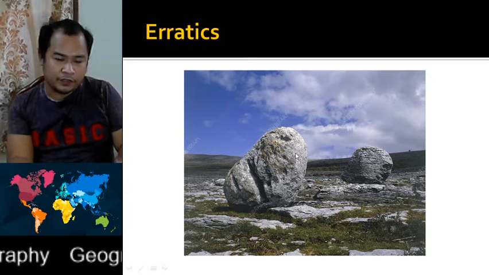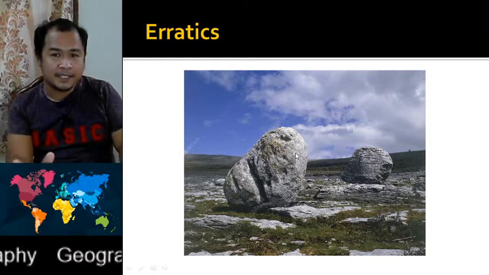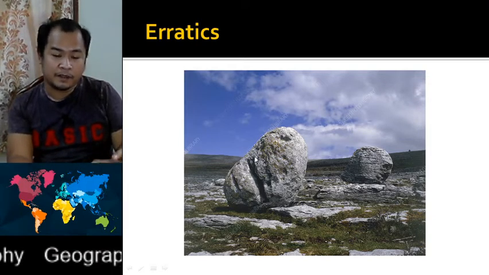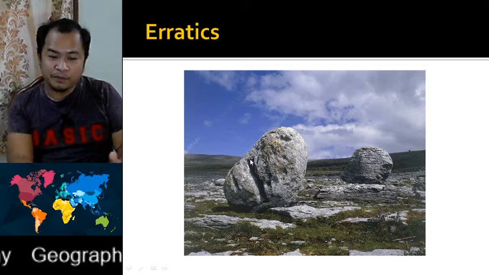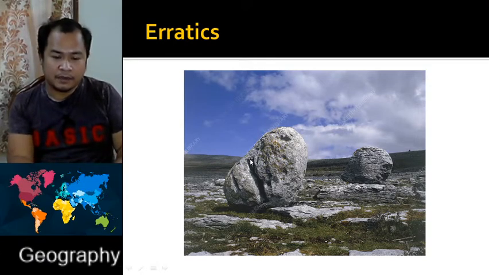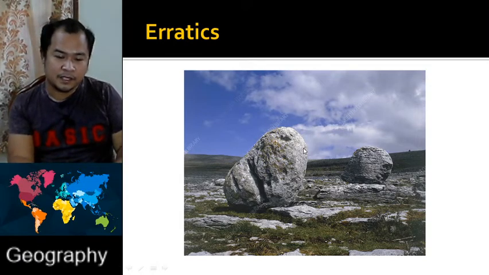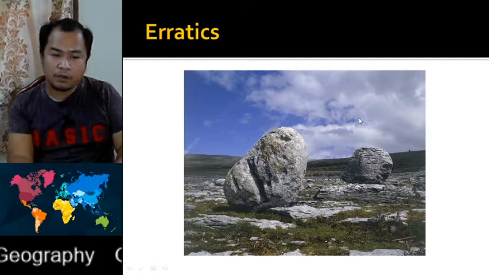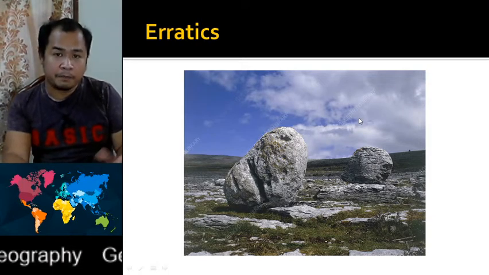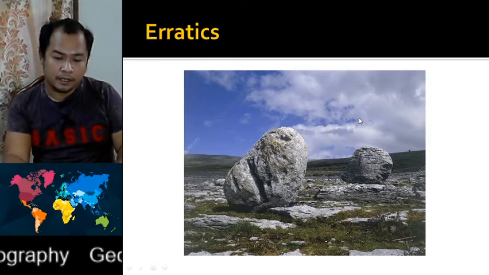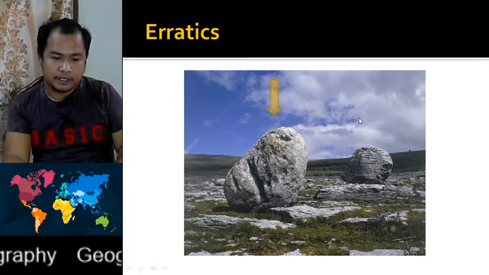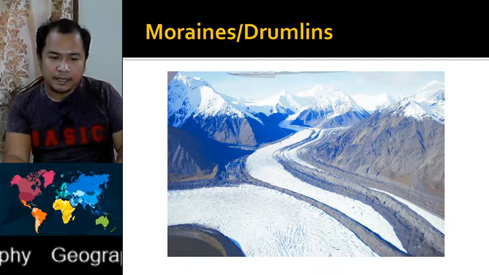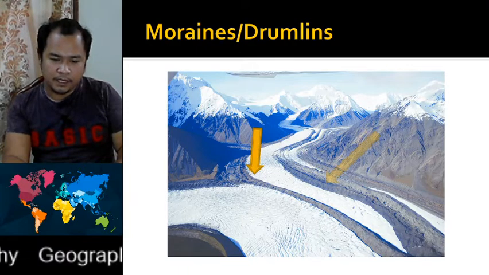If ever in the future we have a glacial period again, it will be filled with ice and it will be moving again, probably another mile or whatever. But it would take millions of years for this to happen. So erratics are big boulders deposited by glaciers. And last one, we have the moraines or drumlins.